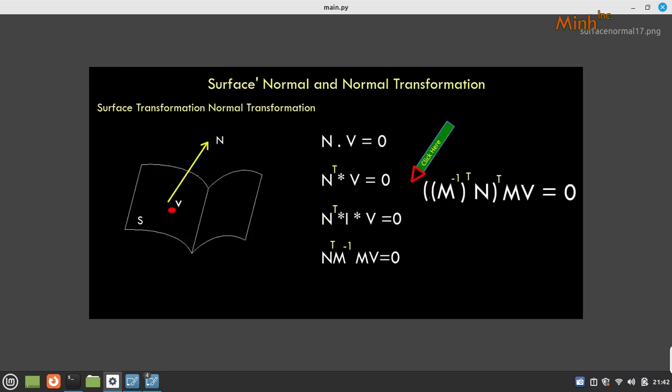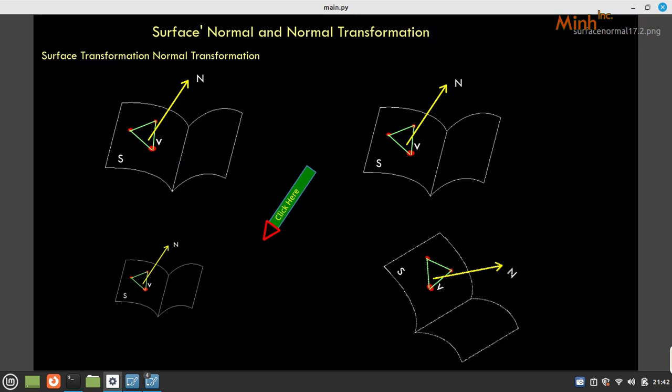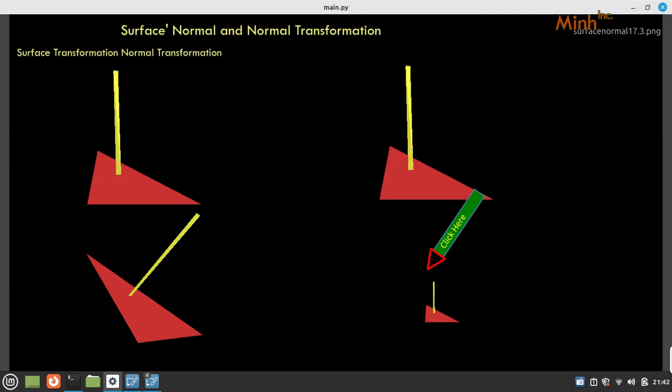Then we went ahead to calculate, if we transform a point on the surface, how much the normal would be transformed. But later we saw that this transformation is not required for translation and scaling, only for rotation.